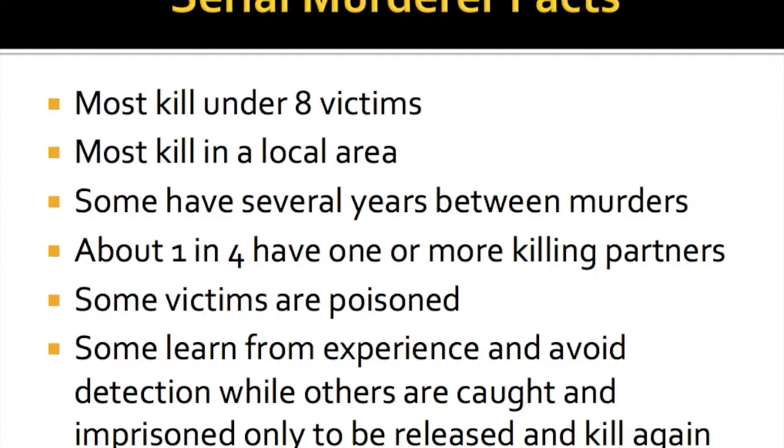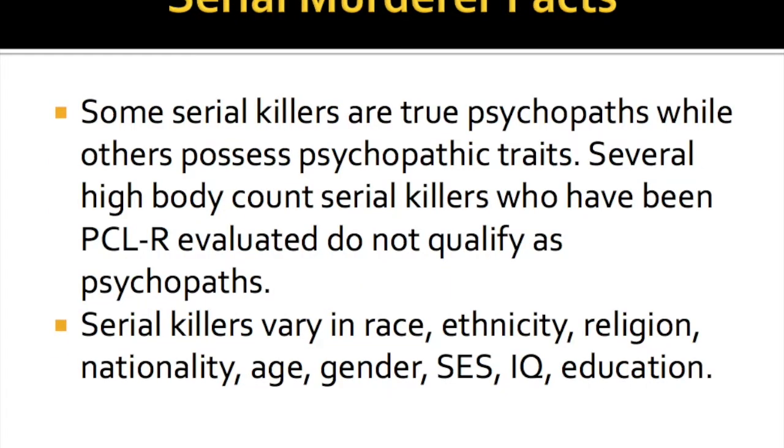Some victims are poisoned. Some killers learn from experience and avoid detection, while others are caught and imprisoned only to be released and kill again. Some killers are true psychopaths, while others possess psychopathic traits. Again, when we look at the psychology of it, a lot of those characteristics cross over and are not solid in one place. Several have a high body count.